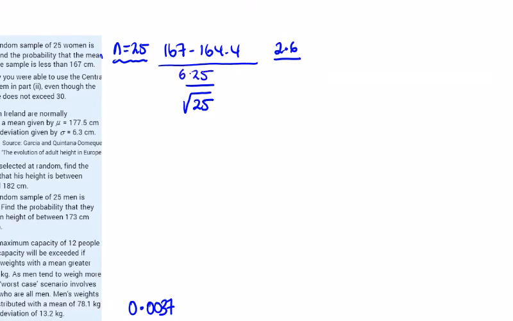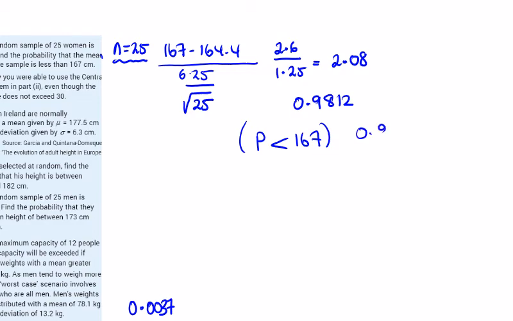So we're going to divide 2.6 by 1.25, just over 2. That gives 2.08. If we look up 2.08 as a z-score, we get 0.9812. So the probability of less than 167 in this sample of 25 is 0.9812.